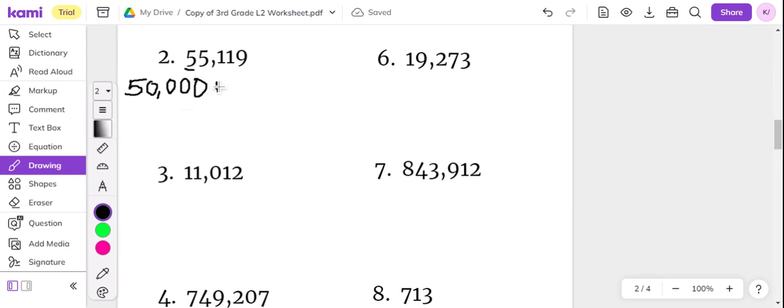Plus, we have another 5, so we will write 5,000. Plus, in the hundreds place is a 1, so 100.